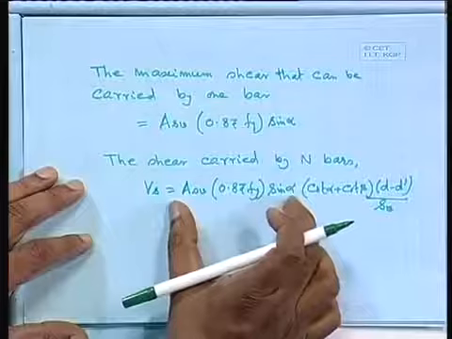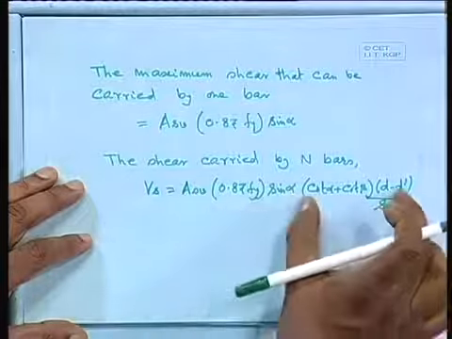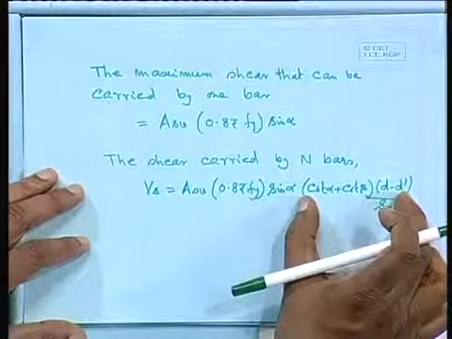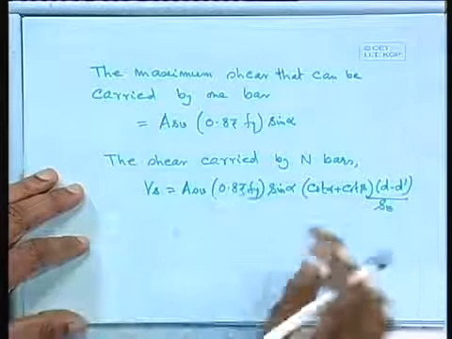So this is the one for single link inclined, and this one the number of links. So we can get Vs equal to this much.